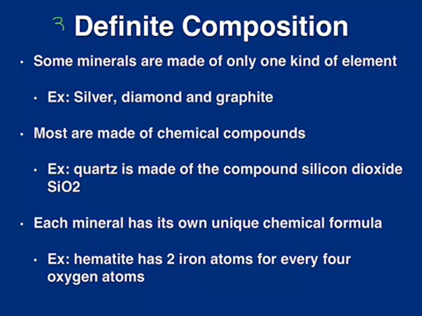The third characteristic or requirement of a mineral is to have a definite composition. This means that no matter whatever makes the mineral be that mineral, it's going to have the same elements and or compounds involved. Some minerals are made of only one kind of element, like silver, gold, diamonds, graphite. However, most minerals are chemical compounds, meaning that there's two or more elements.